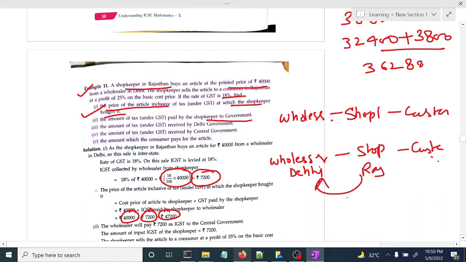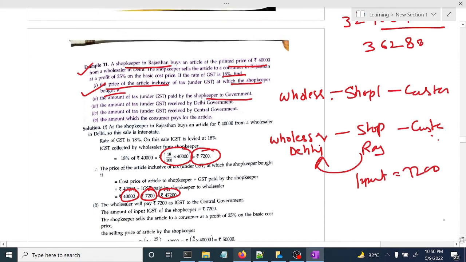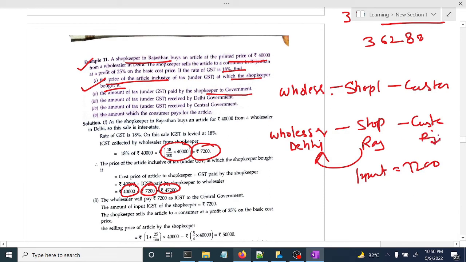So here you have IGST, right? So input tax is how much? 7,200, right? Then these both are in Rajasthan.